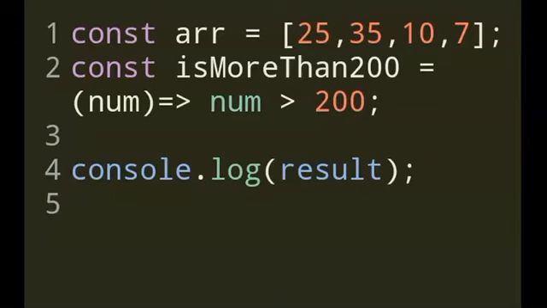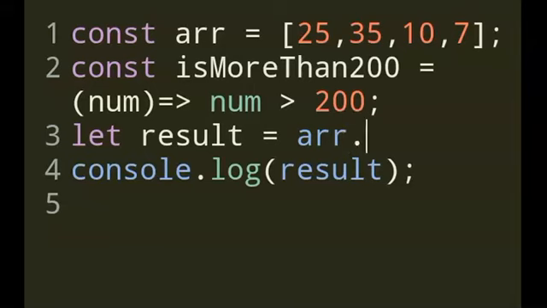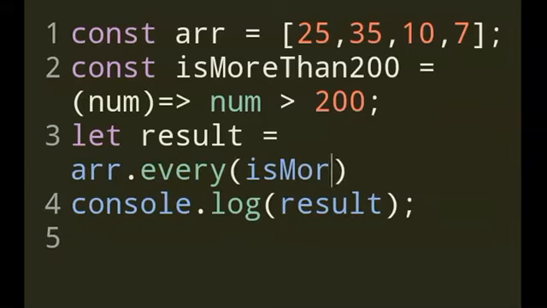So let result, I consider another array where we do this every method: arr.every. The function name I have to call in the parameter is more than 200. So this is how you use the every method.